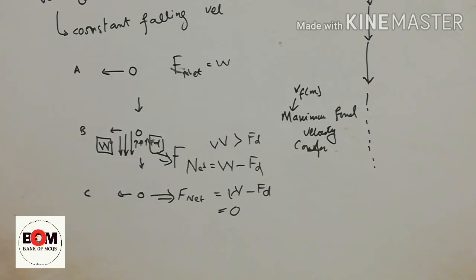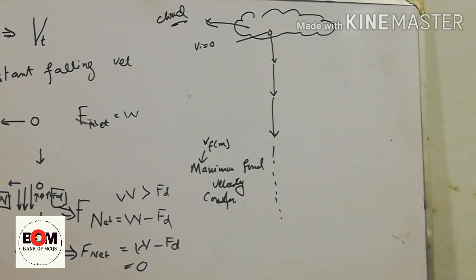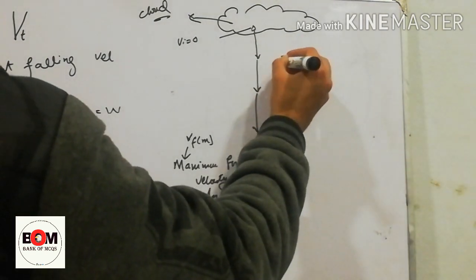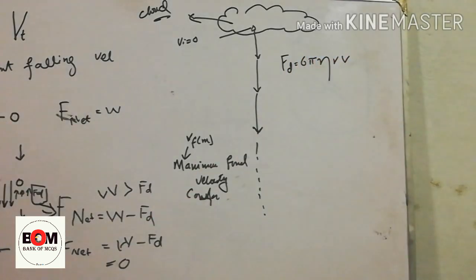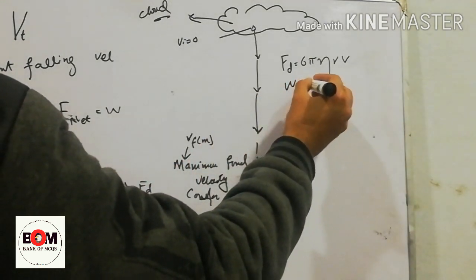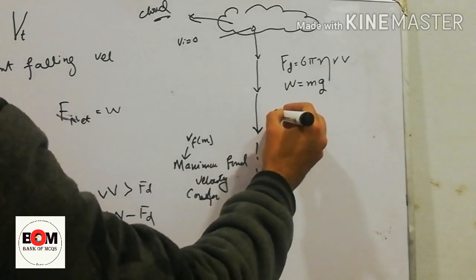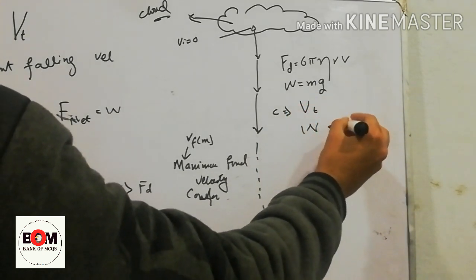Now we will find the equation for terminal velocity. We know that Fd is equal to 6 pi eta r v, and we also know that W is equal to mg. At point C, when we get terminal velocity, at that point the weight is equal to the drag force.